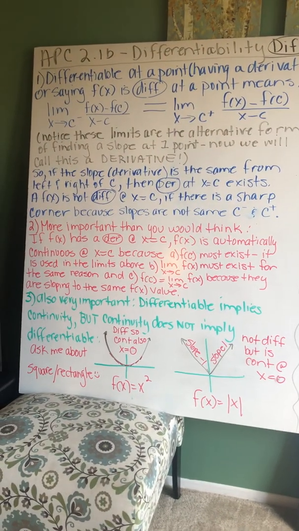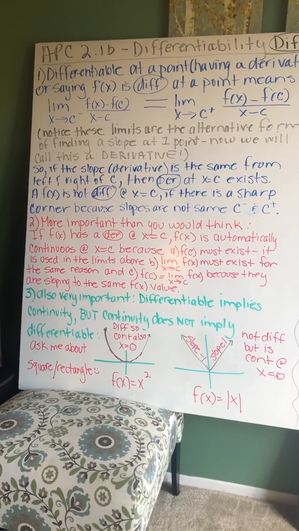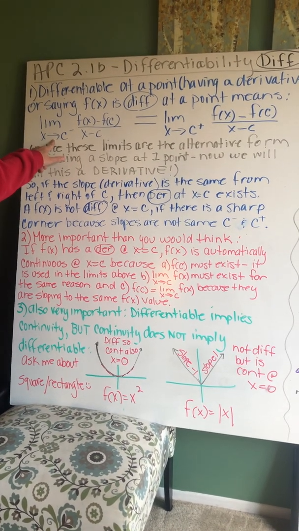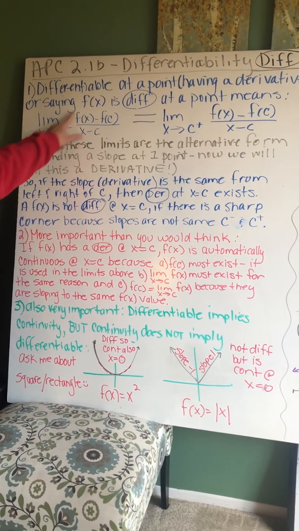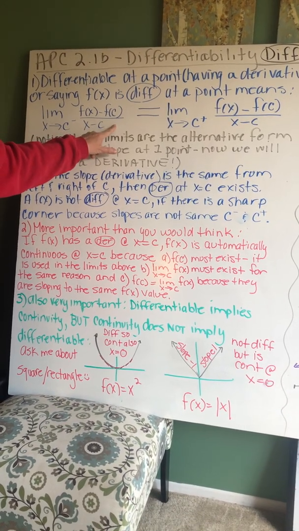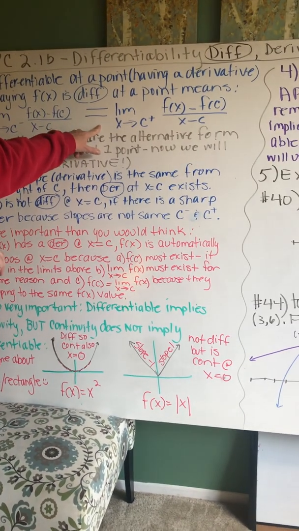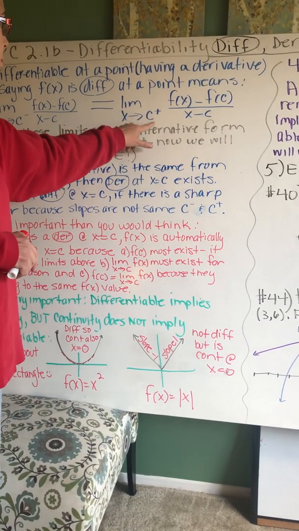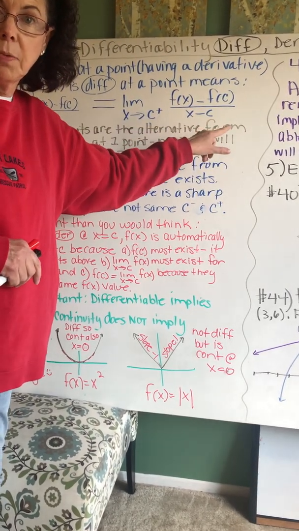So if a point has a derivative located there, that means that the limit as x approaches c from the left exists. Notice this is a slope formula, the alternative form, and it equals the limit as x approaches c from the right of the same slope formula.